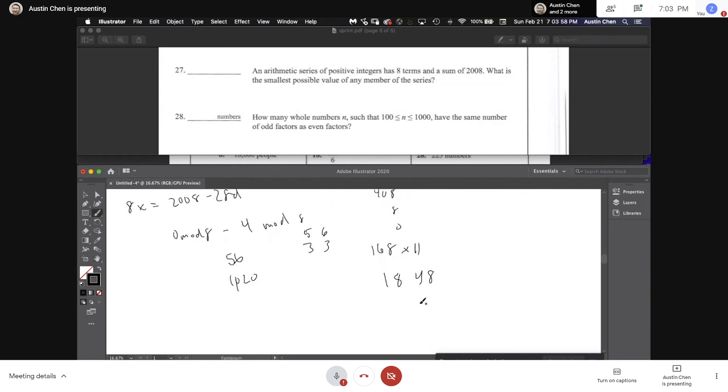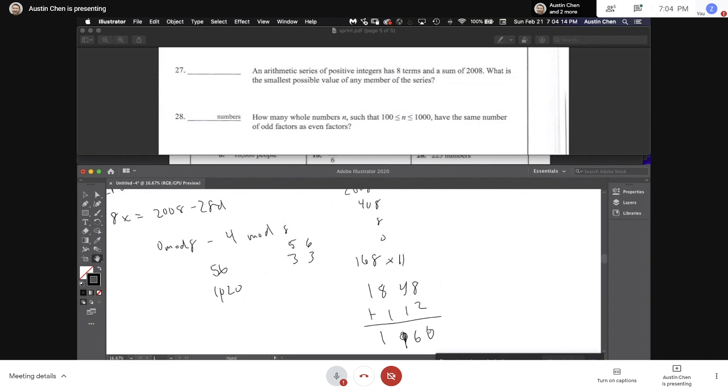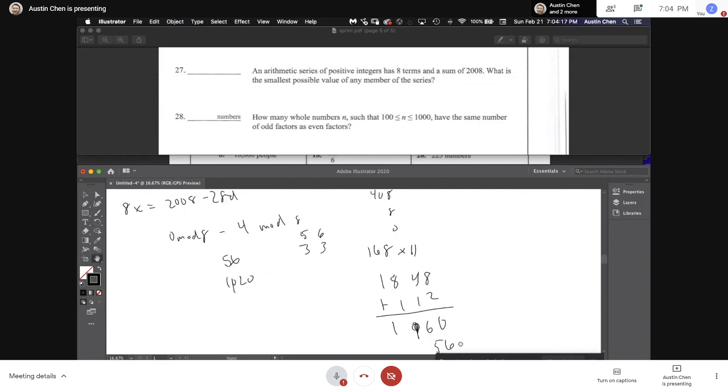Let's try adding 2 more 56s, which is 112. Then we're at 1960. And if we add another 56, this is going to be too big, right?